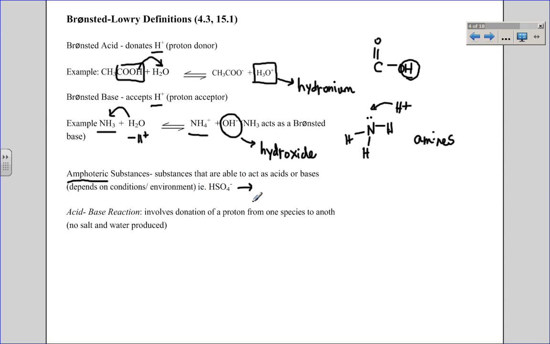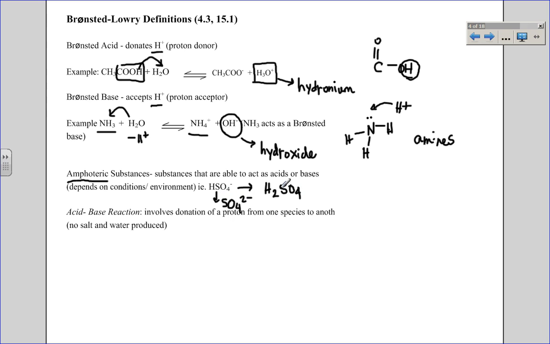There are other ions that can behave this way as well. If you look at HSO4-, it has the ability to accept a proton to form H2SO4, which is sulfuric acid, and perhaps a familiar compound to you. Or if it loses a proton, it will form a sulfate ion in solution.